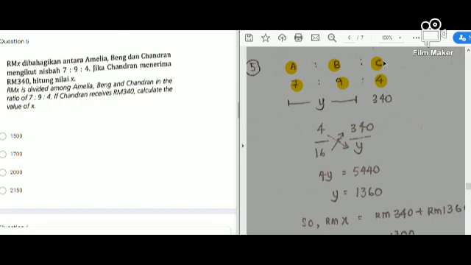So under Chandran, with the ratio of 4, you write 340 because Chandran received 340 ringgit. Now you don't know the amount of money that Amelia and Bang received, so you just write it as Y. In mathematics, if you don't know the value, you just represent it with an unknown. It can be any letter.